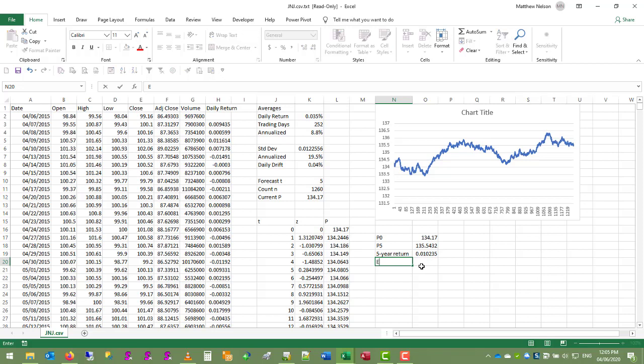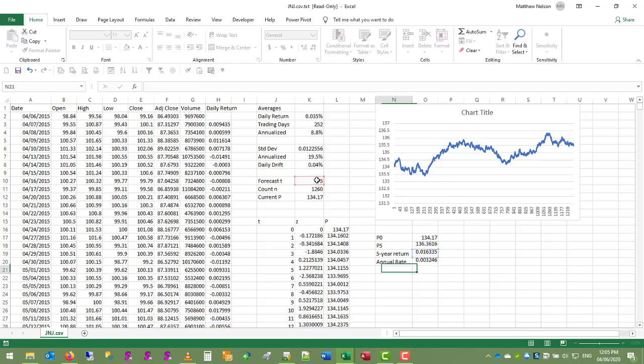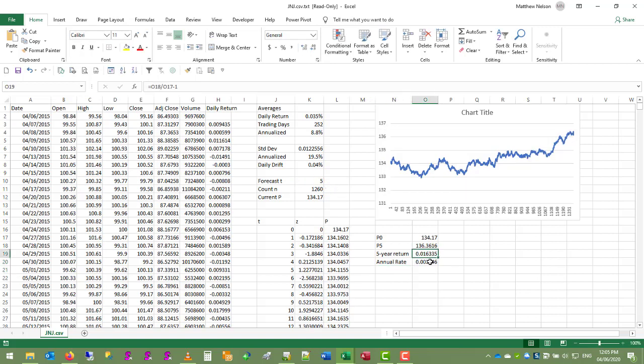So the annual rate will be 1 plus R divided by 1, so we don't need to do anything, then multiplied by 1 over T. So again, it was compounding once, and now we're going to compound it 5 times, so 1 divided by 5, number of years, and then take off the 1. So basically, it's near to dividing by 5, but not quite because it's a geometric series.